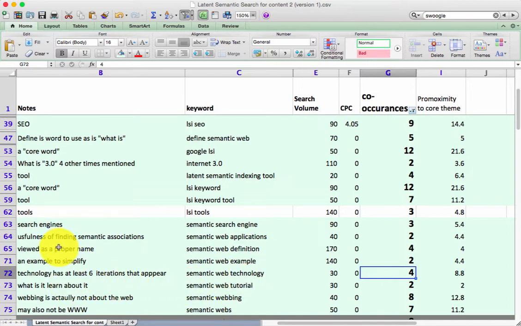Having said that, I would also add that if your goal is more about just finding what topics people are searching for and ranking for them, and just coming up high for these long tail words, well, maybe it doesn't matter so much that you rank for something that has many co-occurrences but not so many people are searching.